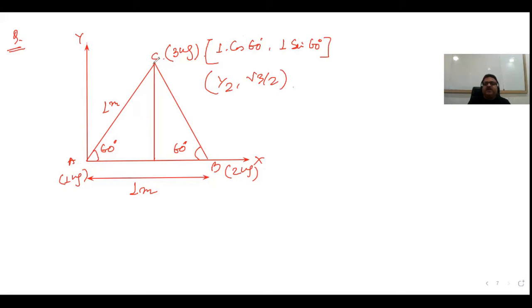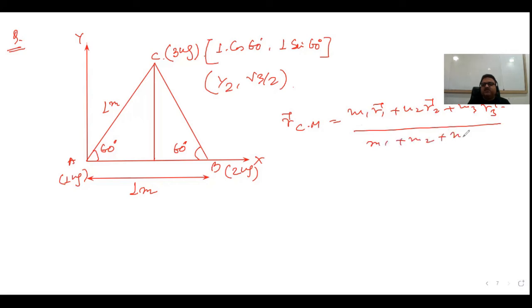Now, let me write down the coordinate of each of these separately. What is R1, M1, R1, M2, R2? We are going to use this formula: RCM equal to M1 R1 plus M2 R2 plus M3 R3 divided by sum of the masses, M1 plus M2 plus M3. Clear?